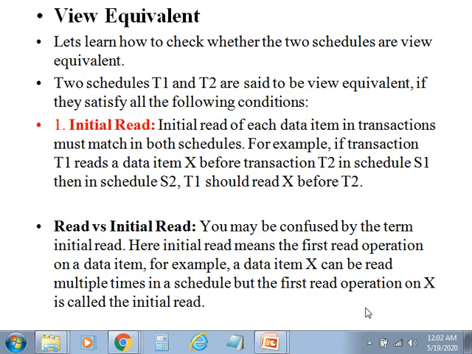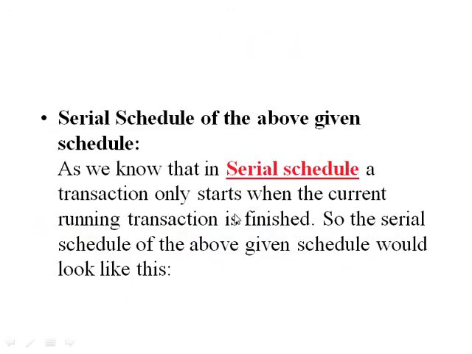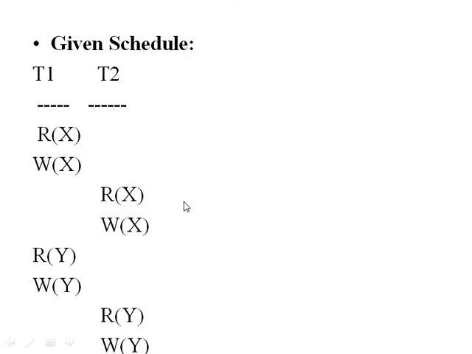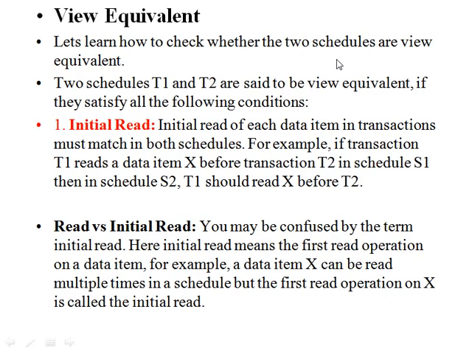What is view equivalent? That is what we mainly want to know. Let us learn how to check whether two schedules are view equivalent. What are the two schedules here? This is schedule 1, S1. This is the serial schedule that we have transformed, S2. We are checking whether these two schedules are view equivalent or not.